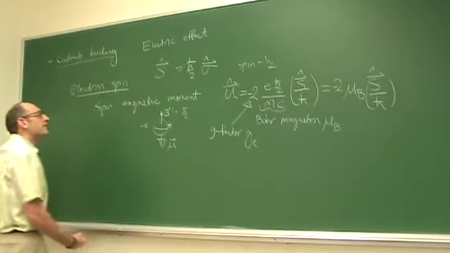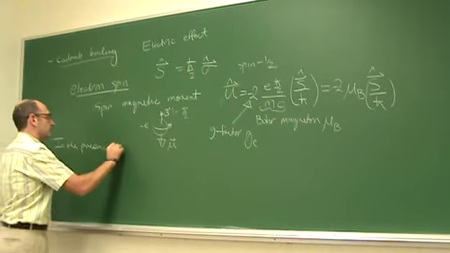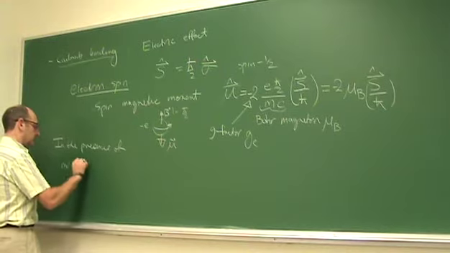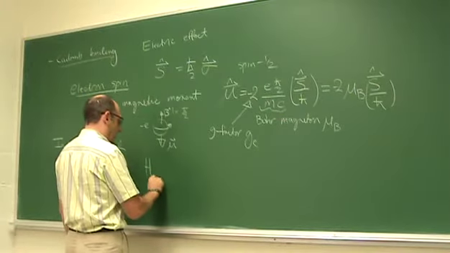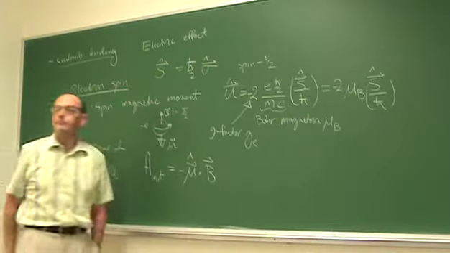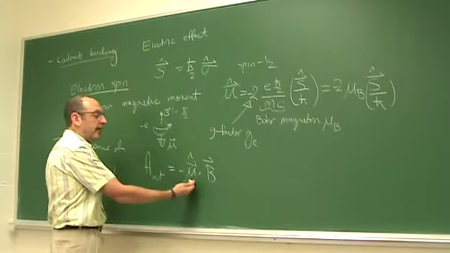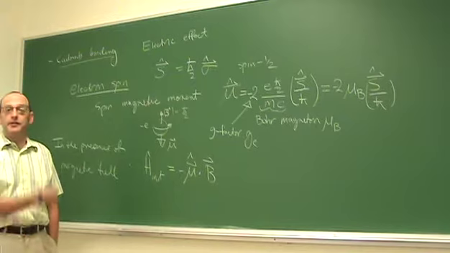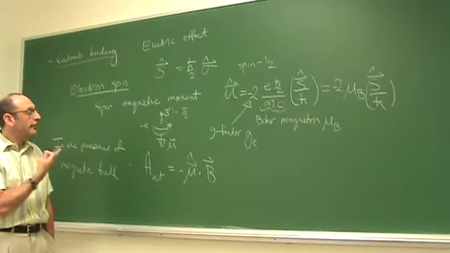Then in the presence of a magnetic field, we have an interaction minus mu dot B. In the same way that we had the interaction of an electric dipole moment with an electric field as minus d dot E, we have the interaction between the magnetic dipole moment and the magnetic field as minus mu dot B. So the question is, what if we had a magnetic field?